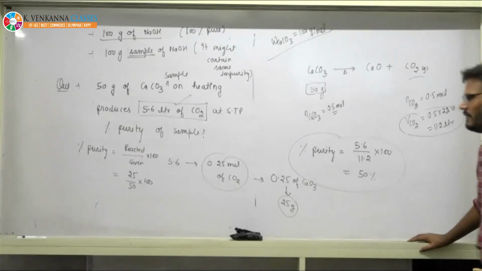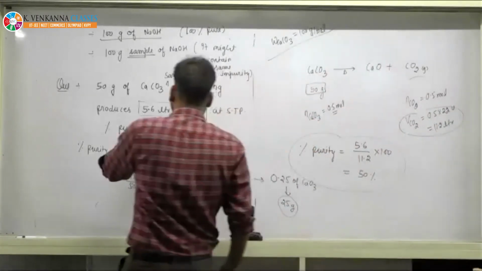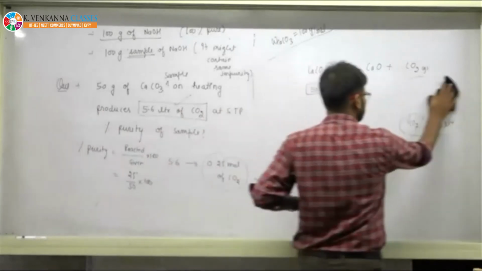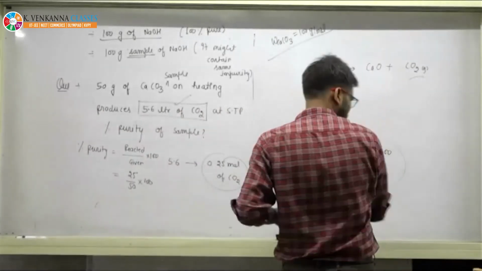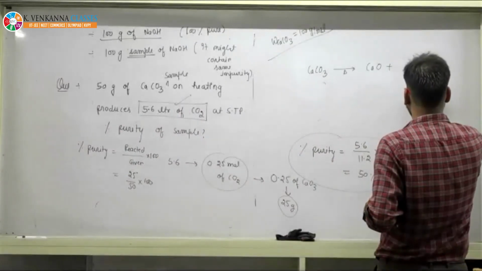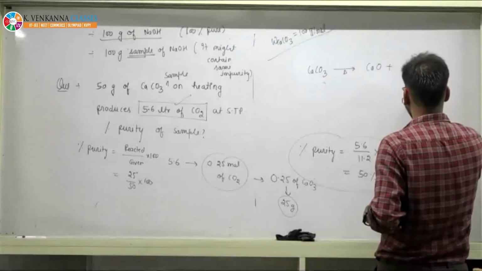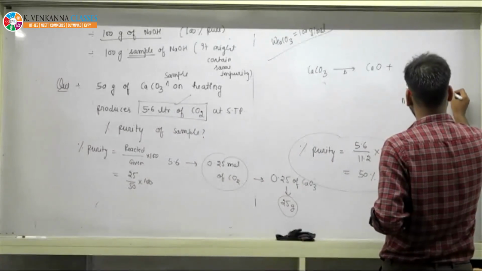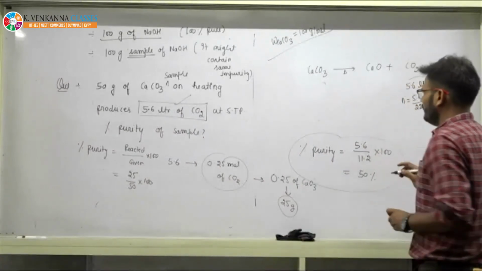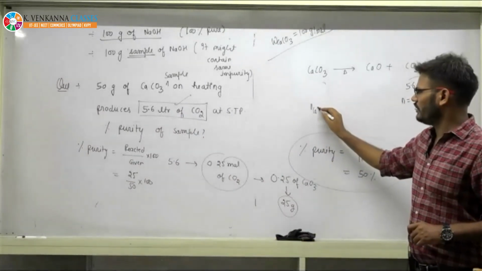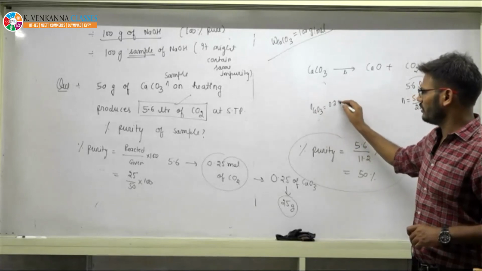Okay. See, in the second method, you calculate by using the product. They say that only 5.6 liter is obtained. So calculate the moles, 5.6 upon 22.4. It gives you 0.25 moles of CO2. Using the stoichiometry, the moles of calcium carbonate should be 0.25 only.